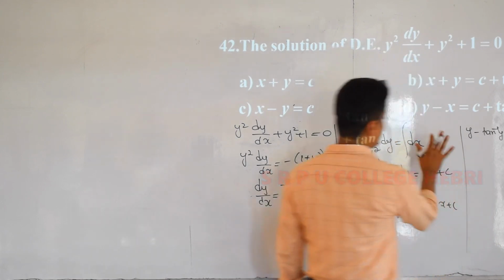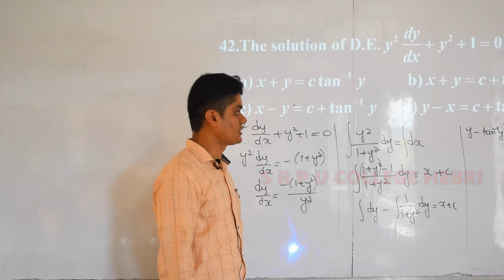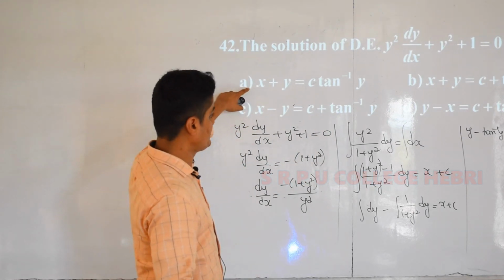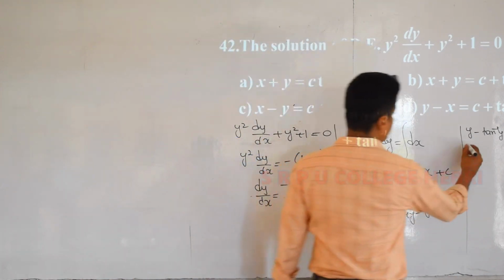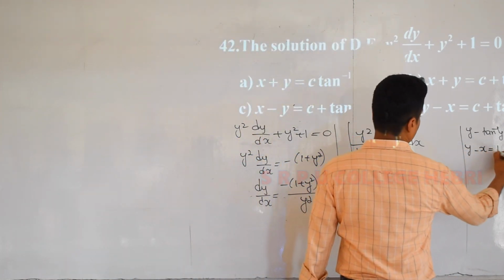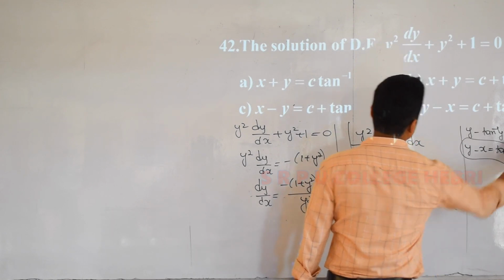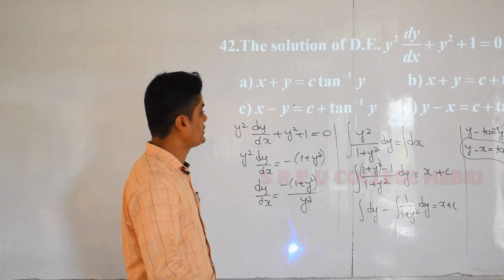Arrange it however you need. That arrangement should give the answer as one of the 4 options. So how should we rearrange this? It should be rearranged as y minus x is equal to tan inverse of y plus c. Check this once. y minus x is equal to tan inverse of y plus c.